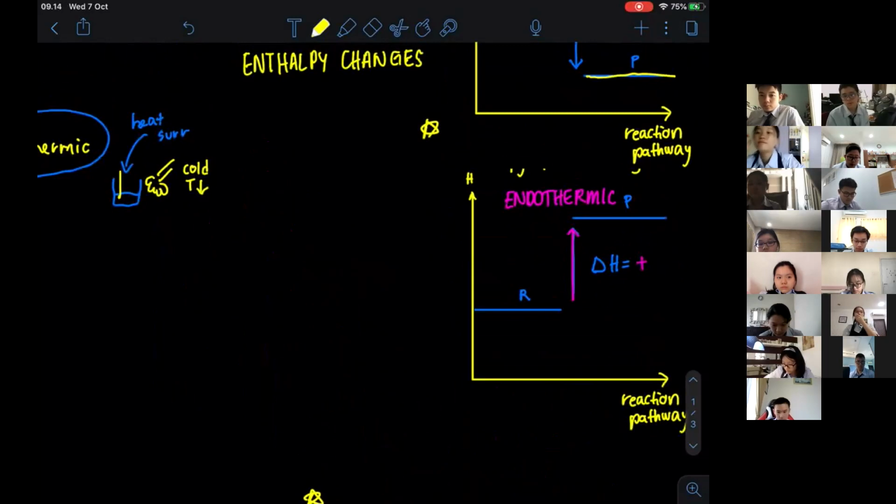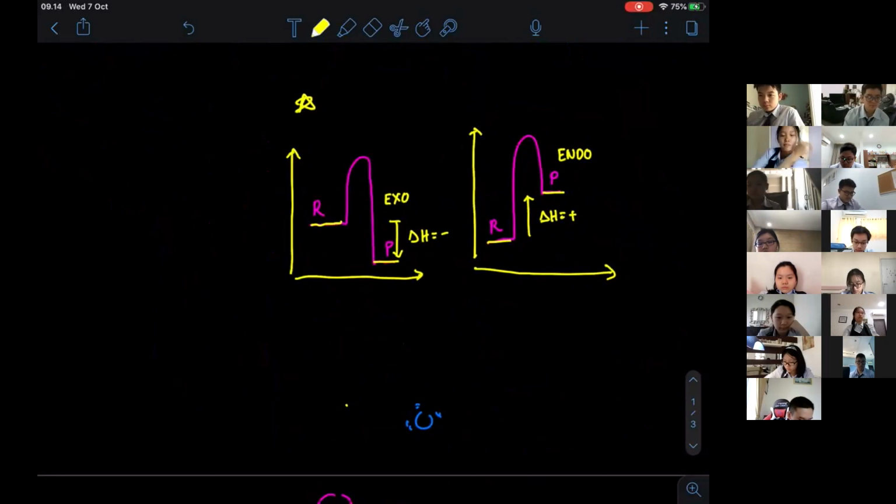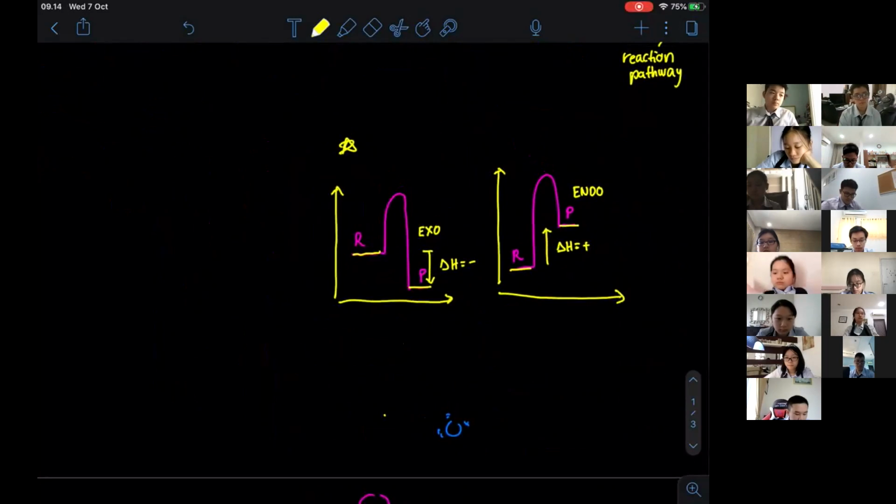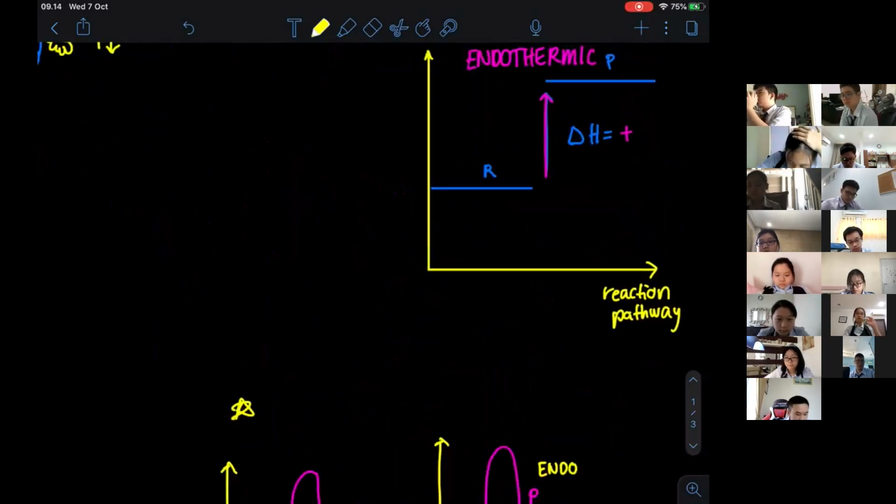But you need to draw the most suitable one. Let's say in the question, they have given you activation energy. So the best diagram that you should draw is going to be this. It doesn't matter what name they give, because you know the value of activation energy. But if you do not know the value of activation energy and the question didn't bother about activation energy, then this diagram will be suitable.